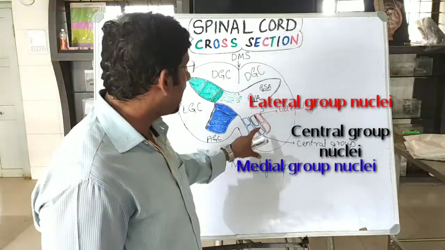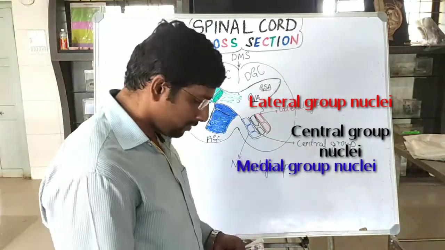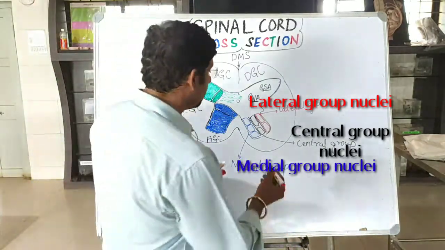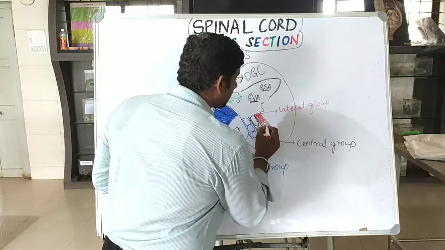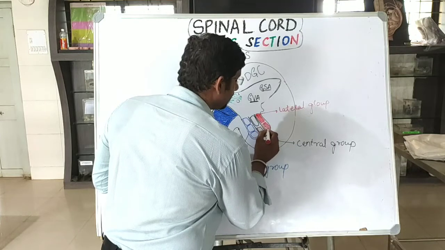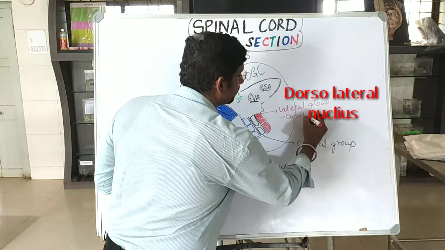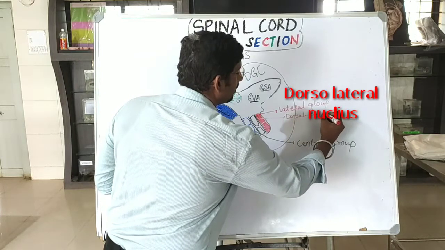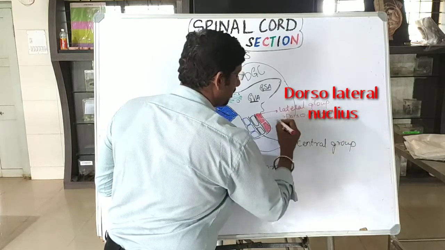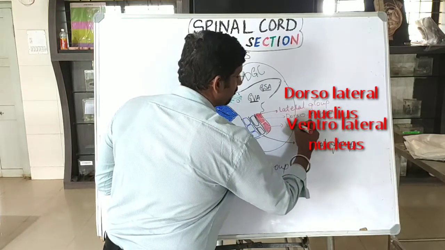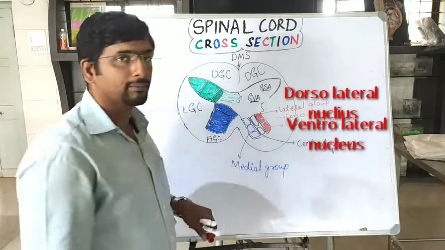The lateral group has 2 subdivisions. One is present dorsally and one is present ventrally. This is the dorsolateral nucleus, and this is the ventrolateral nucleus.